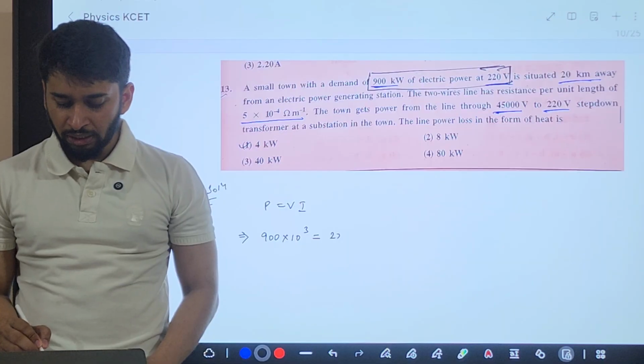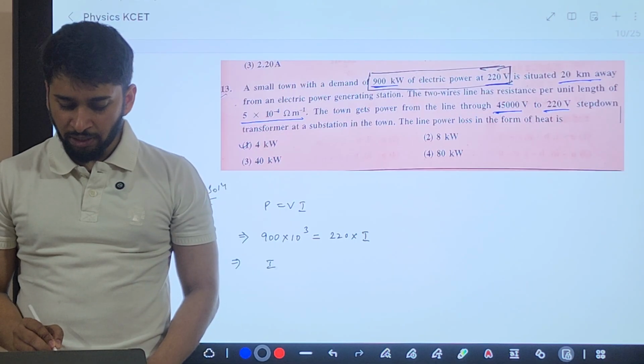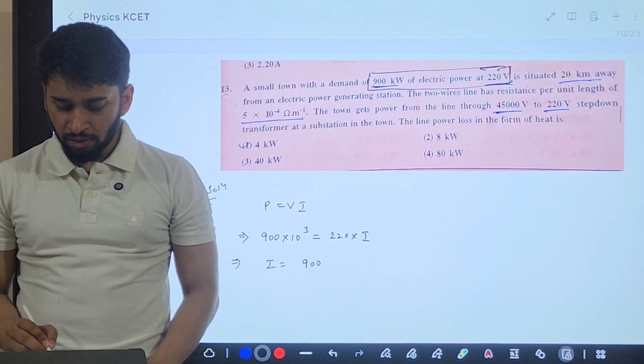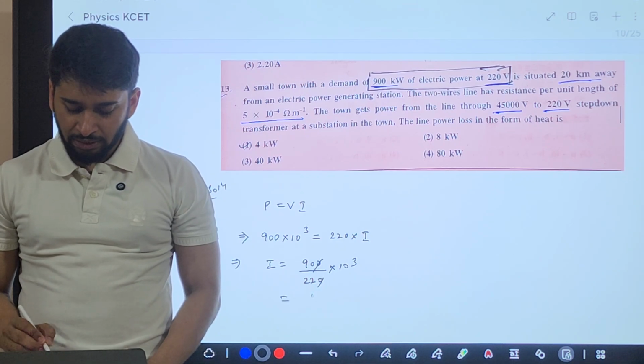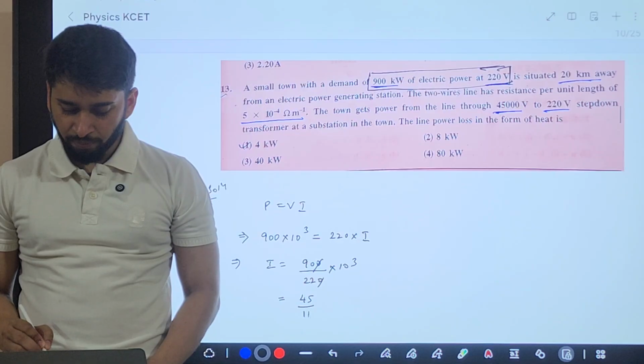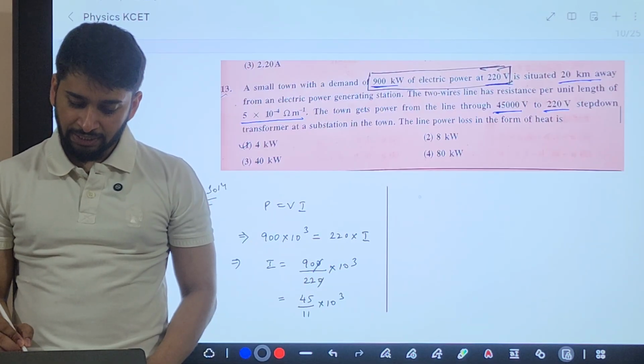So 220 into the current. So current value will become 900 by 220 into 10 to the power 3. So 0 gets cancelled. 90 by 22, 45 by 11 into 10 to the power 3. Fine. Now what will be the power loss? Heat generated.